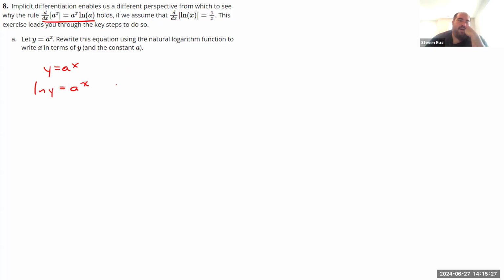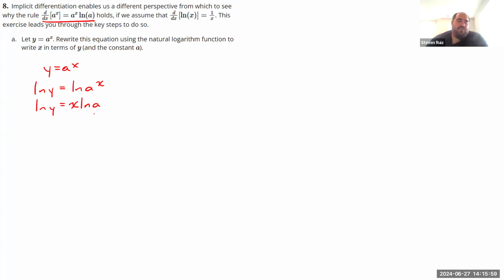So the natural log of y equals the natural log of a to the x. One property of logarithms is that if we take a log, any log, of something raised to a power, we can instead take the natural log of the base by itself and multiply that by whatever x is.